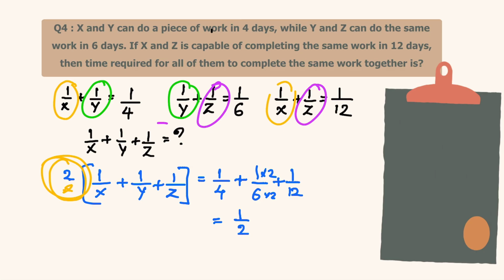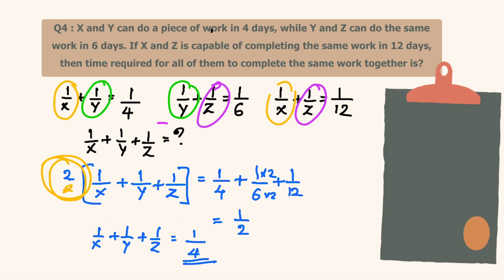And now 1 by x plus 1 by y plus 1 by z equals 1 by 2 divided by 2. This 2 will go to the denominator, so it will become 1 by 2 into 2, that is 1 by 4. So we have taken a reciprocal in the beginning, we have done the calculation, and we got 1 by x plus 1 by y plus 1 by z.